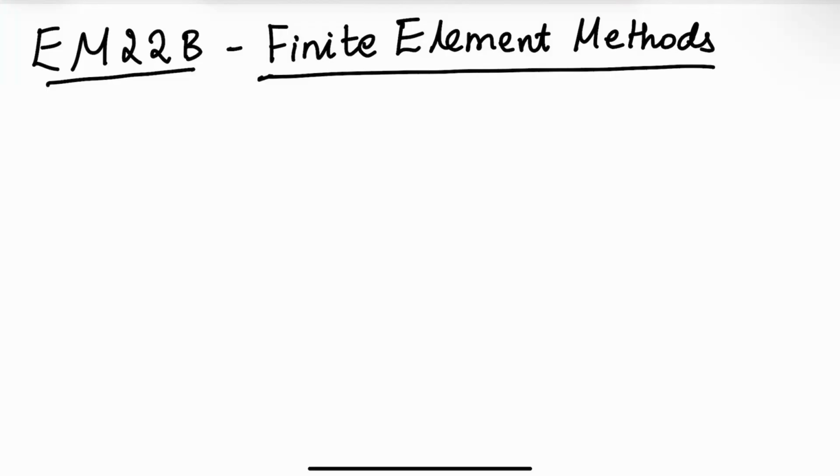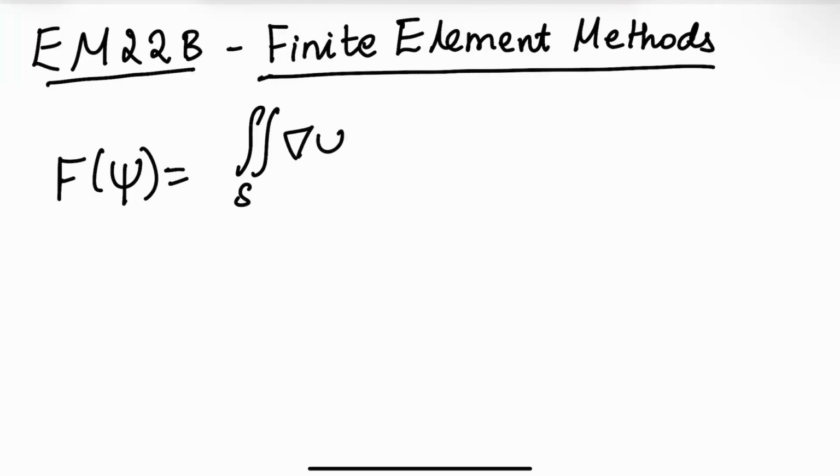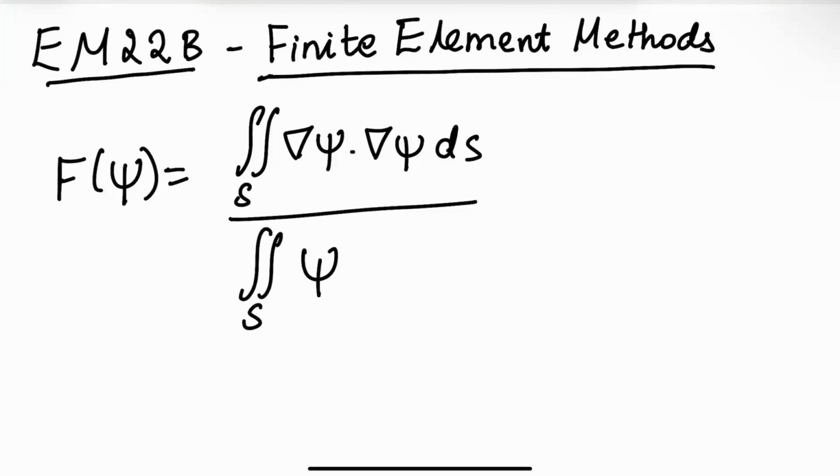And we saw that basically you have this expression, f of psi equal to integral over S gradient of psi dot gradient psi ds divided by surface integral psi square ds, right? And we said that this functional evaluates to kc square when psi is a wave function, right?